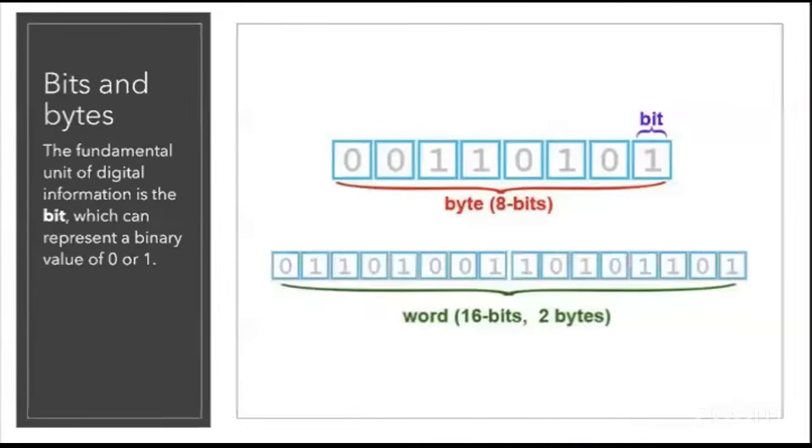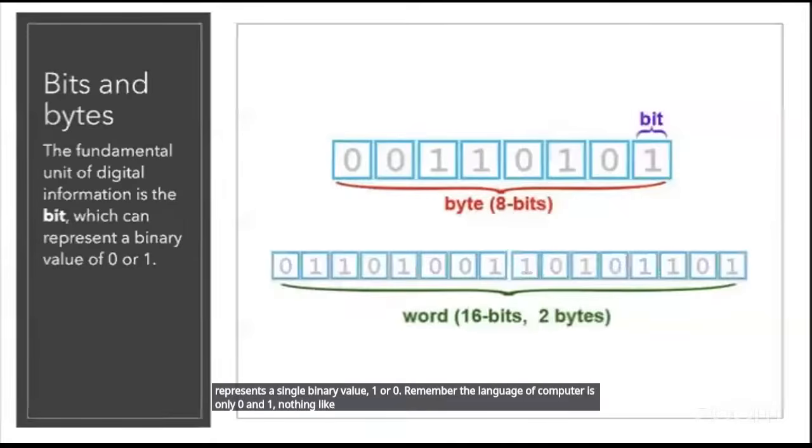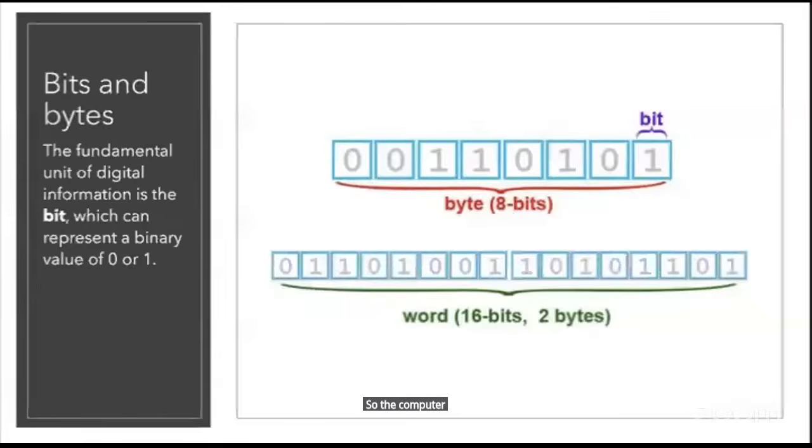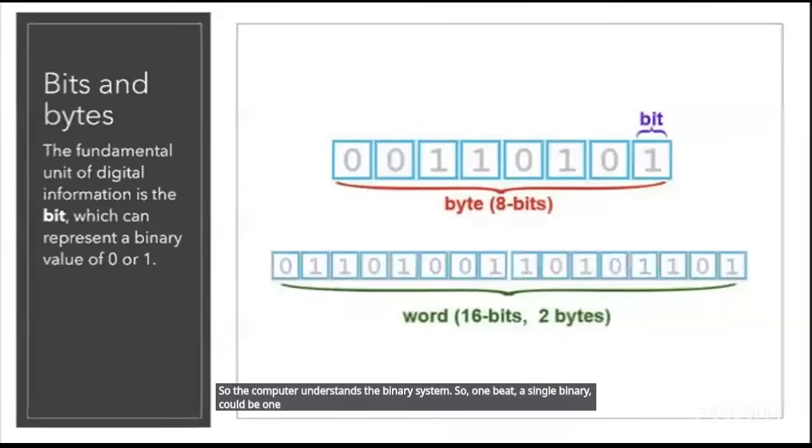So I repeat, a bit represents a single binary value, 1 or 0. Remember, the language of computer is only 0 and 1, nothing like 2, 3, 4. So the computer understands the binary system. So 1 bit, a single binary, could be 1, it could be 0. That's the smallest unit in computing.